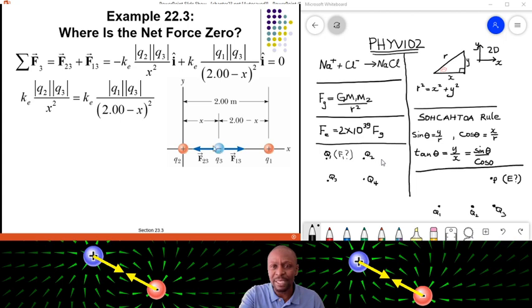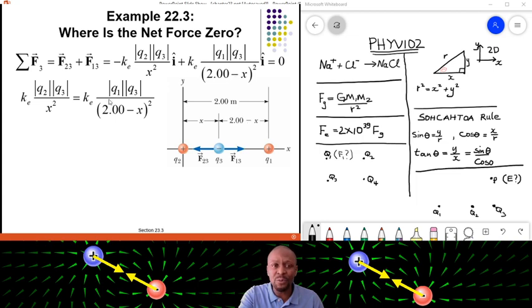As a result, this F23 is given by Q3 and Q2 over x squared, because that is the distance between Q3 and Q2. Now, for the F13, the distance is 2.00 minus x, but that must be squared.